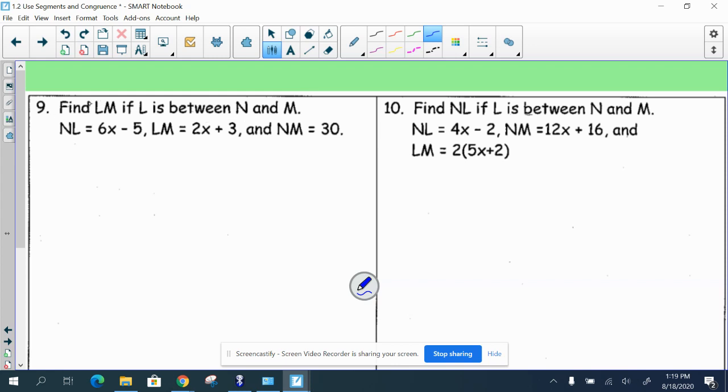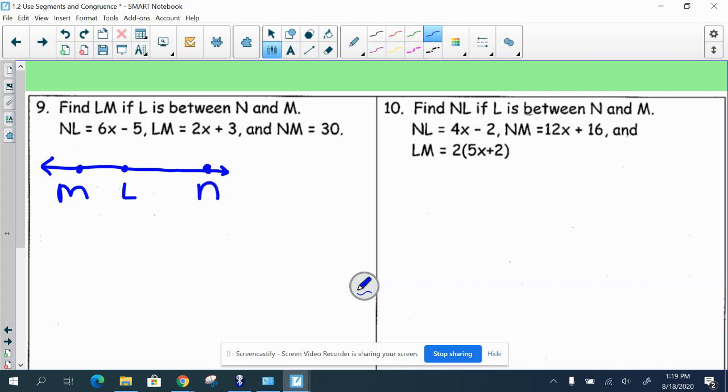All right, so find LM if L is between N and M. All right, let's draw a diagram. So we've got, obviously we have a line here, and it says L is between N and M. So L will be somewhere in the middle, and then N can be over here, M over here.